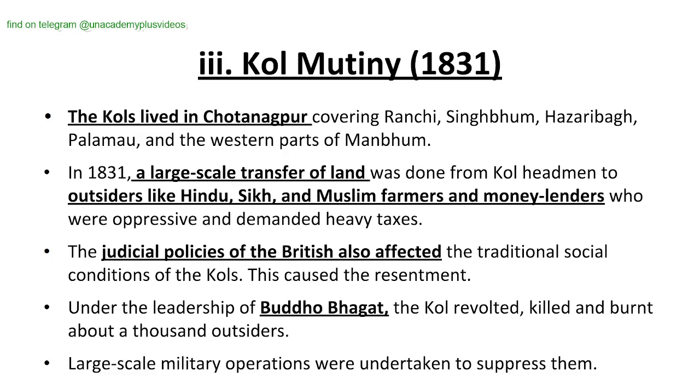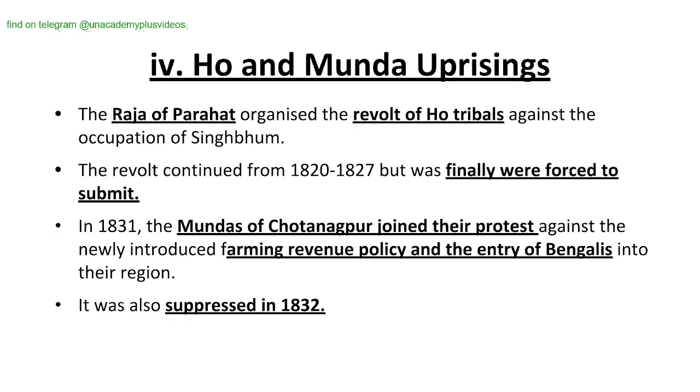The judicial policies of the British also affected the traditional social conditions of the Kols. This caused resentment. Under the leadership of Buddha Bhagat, the Kols revolted, killed, and burnt about 1,000 outsiders. Large-scale military operations were undertaken to suppress them.